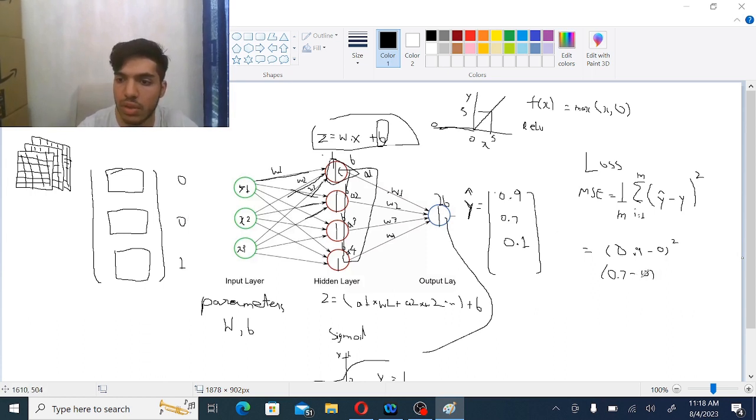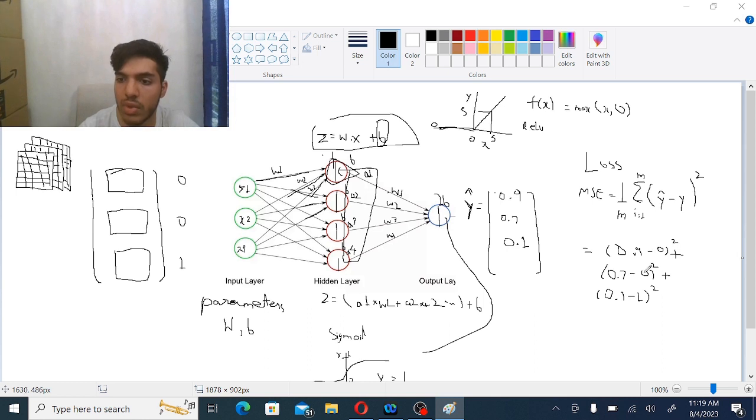And the third sample, I need to square it. And the third sample is 0.1. The predicted value is 0.1, subtracted by its actual value right here, which is 1. And then we need to square that. And to find the mean square error, we simply need to add all of these together.